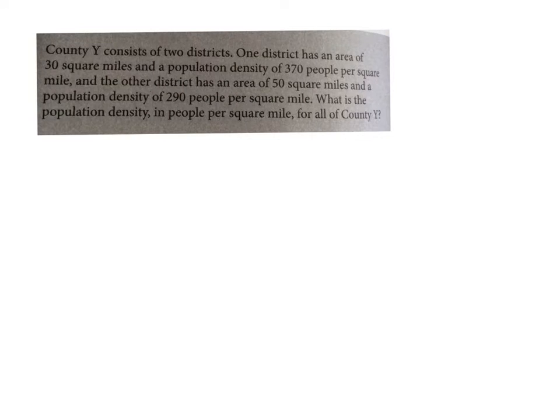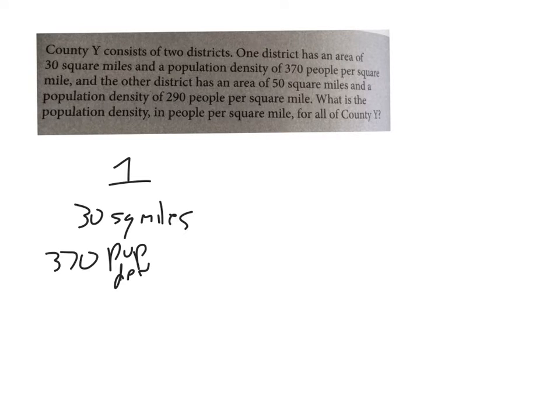County Y consists of 2 districts. One district has an area of 30 square miles and a population density of 370 people per square mile. So the population density is the persons per square mile.